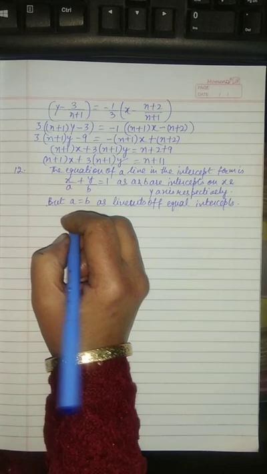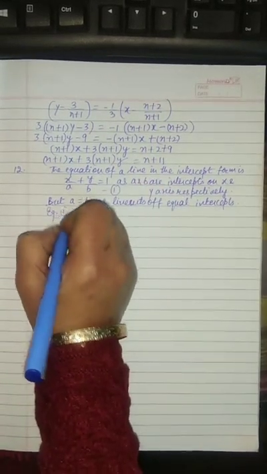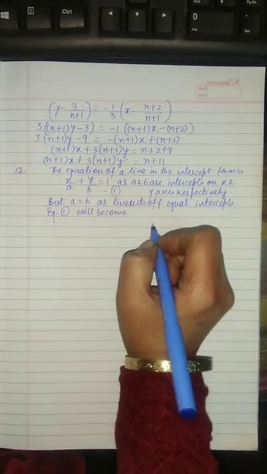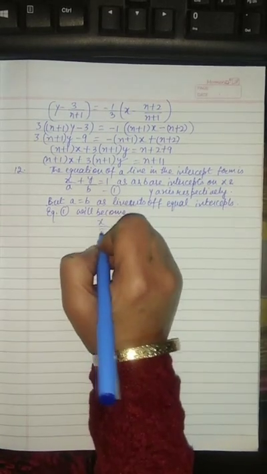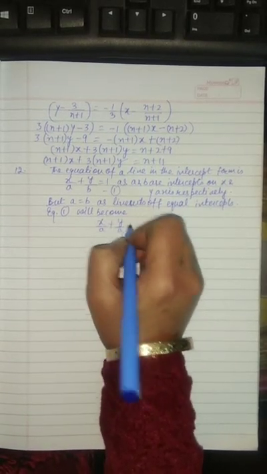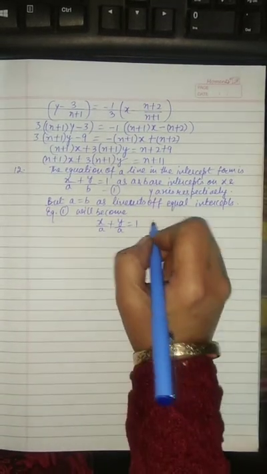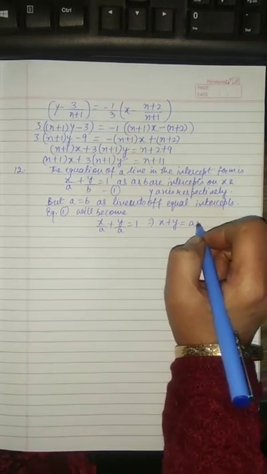So equation 1 will become, we will replace b by a or a by b: x upon a plus y upon a is equal to 1. So we will get x plus y is equal to a.